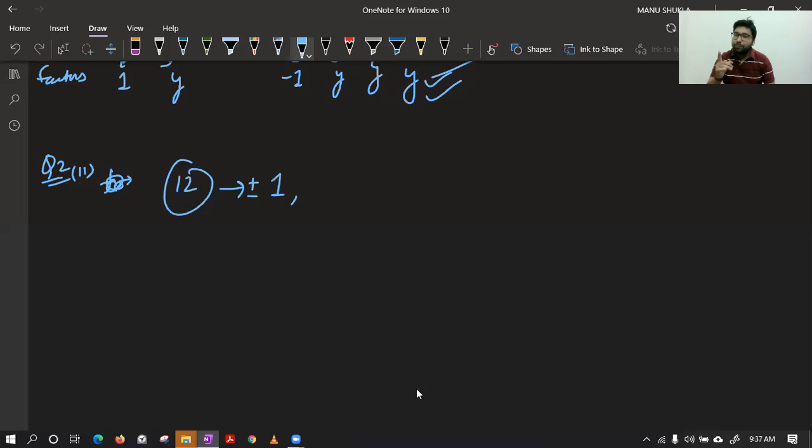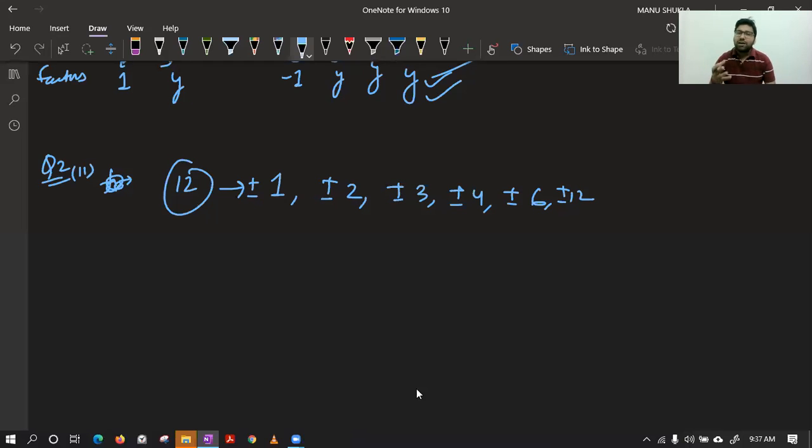Not only 1, but minus 1 is also a factor of 12, because minus 1 into minus 12 will give you what? Please tell me, Bani. Minus 1 into minus 12 will give you 12 only. So plus minus 1, plus minus 2, plus minus 3, plus minus 4, plus minus 6, and plus minus 12 are all possible factors of 12.